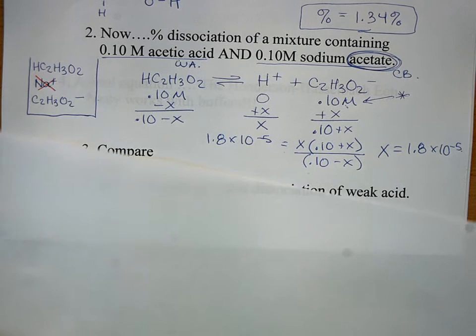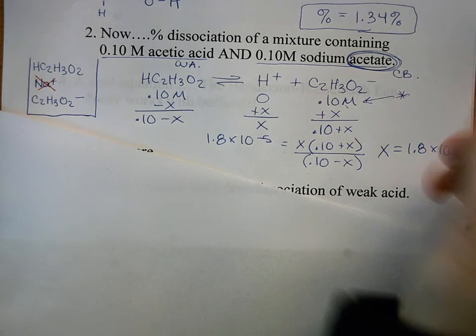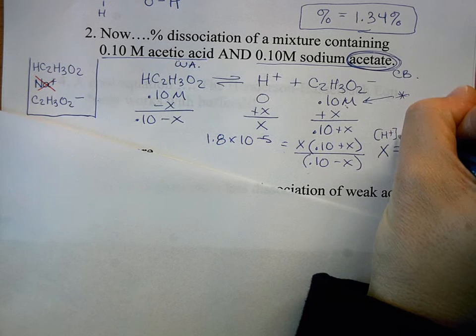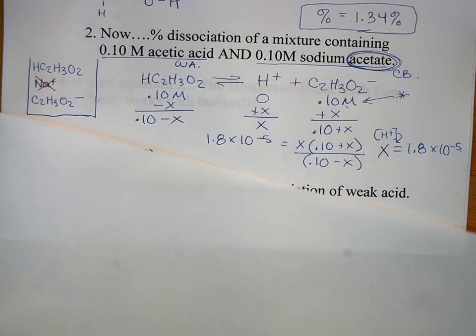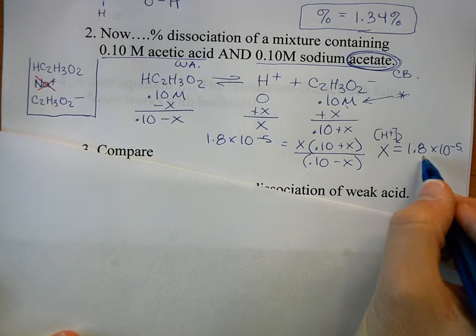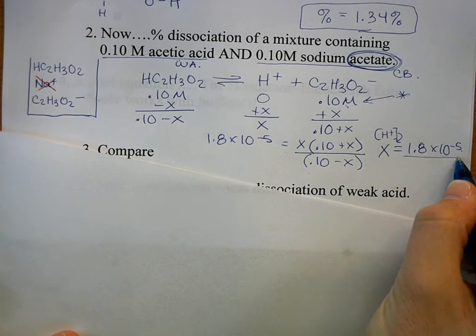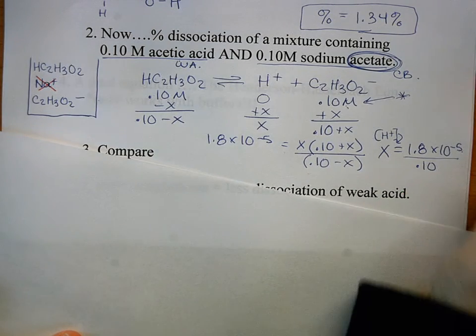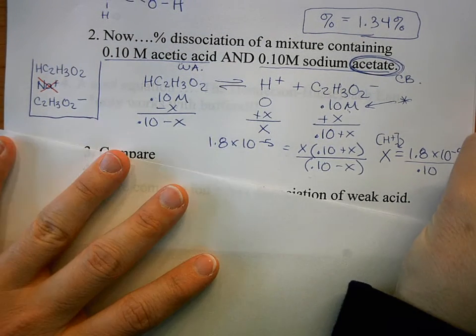My x is equal to the hydrogen ion concentration. I should always get in the habit of writing that out so that you see it as you go back through the problem. Then for the percent, I take my 1.8 times 10 to the negative 5 and divide it by my initial concentration of acetic acid, which was 0.10, and then times 100.